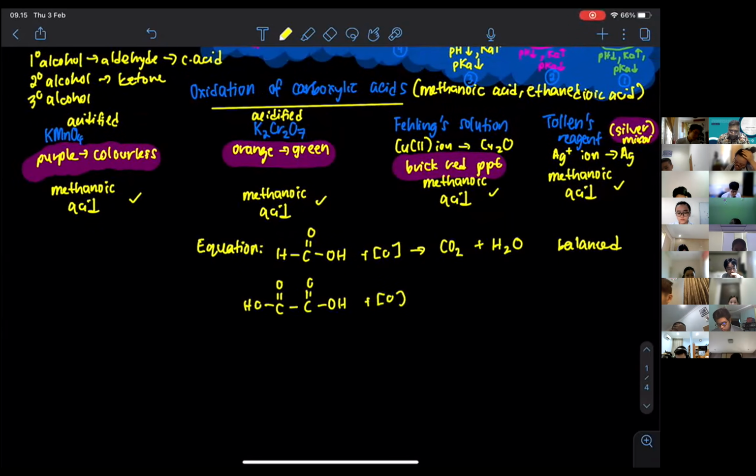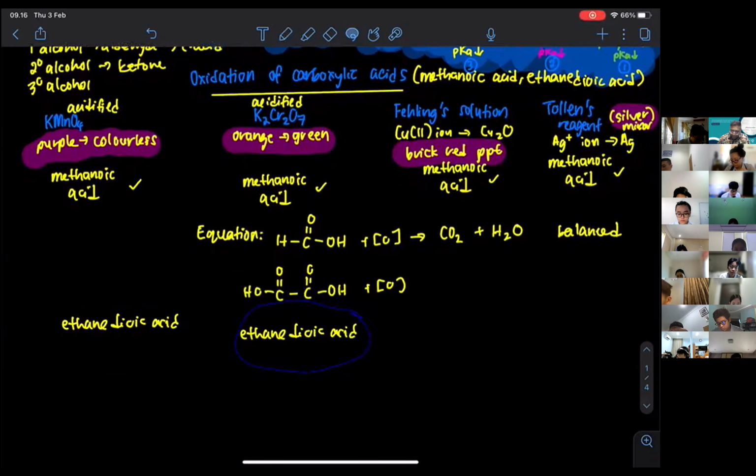So ethane dioic acid will react with KMnO4. It will happen with this, it will happen with K2Cr2O7, but it will not happen with this too. So I'll just put it here, it will not happen.